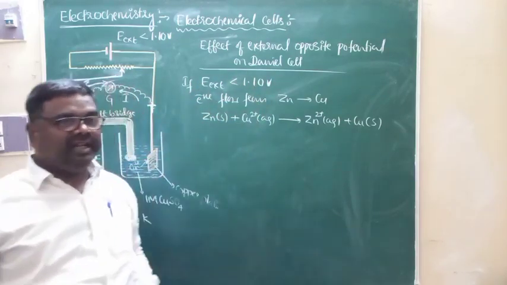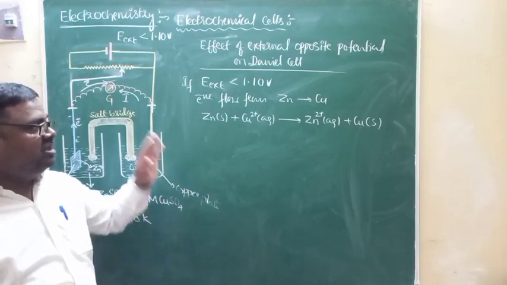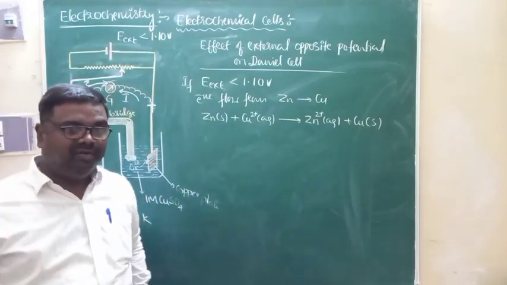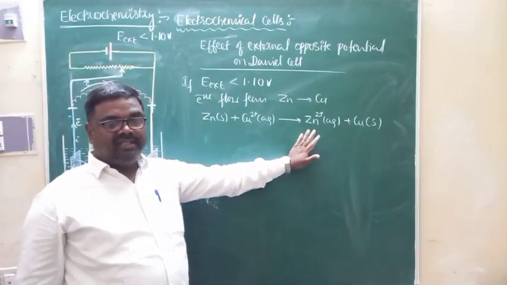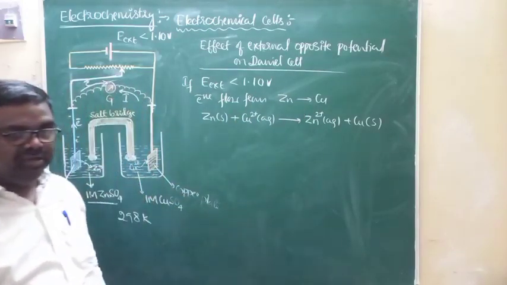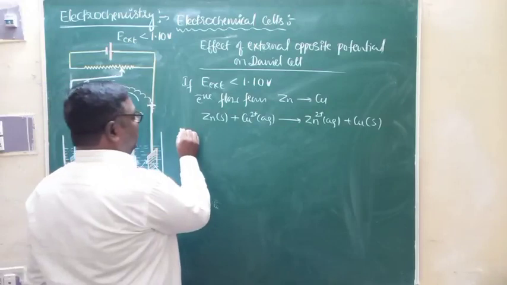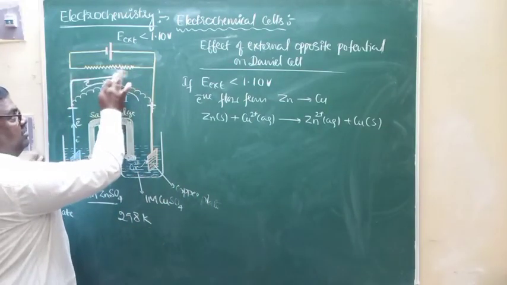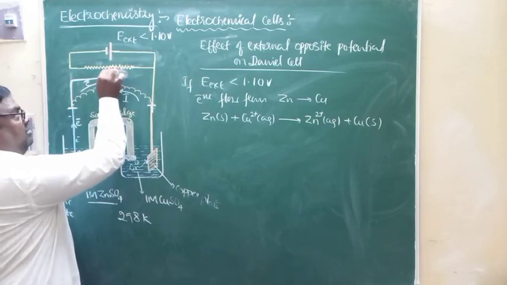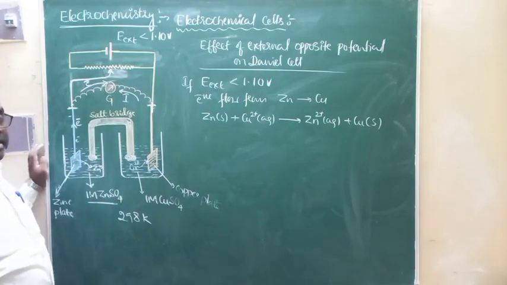There will be no change in the direction of flow of electrons, or you can say no change in the direction of flow of current, and the chemical reaction is similar to the usual Daniell cell. Now what I am going to do here is increase the external opposite potential.